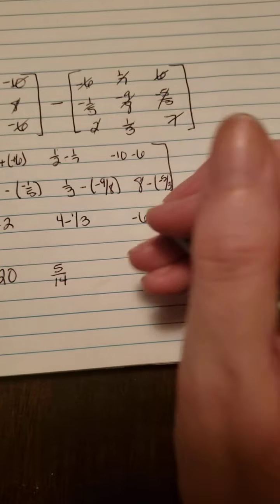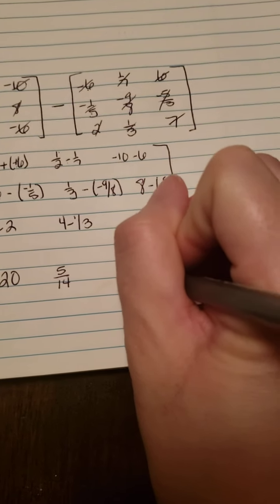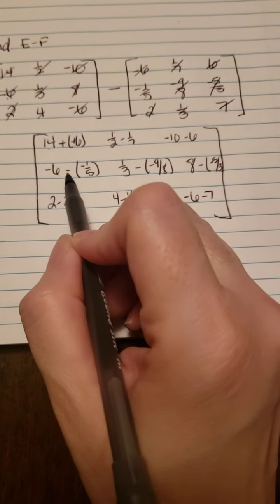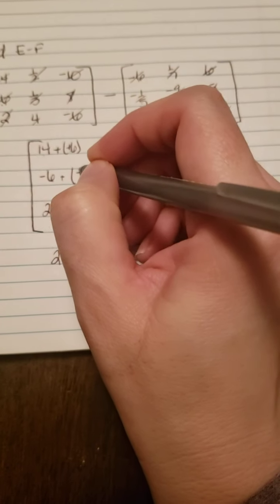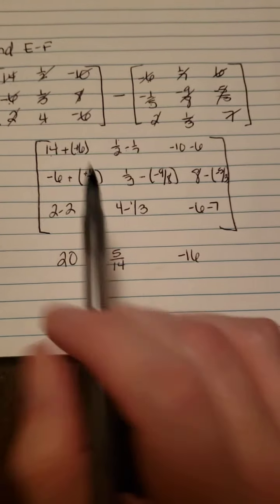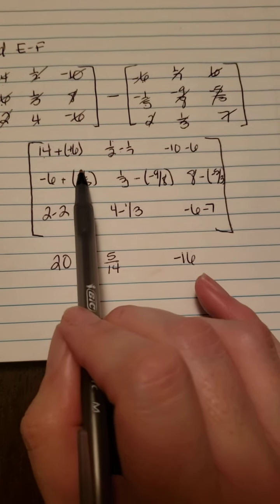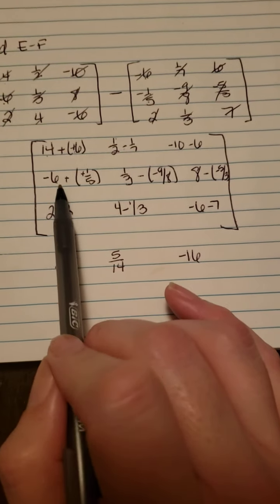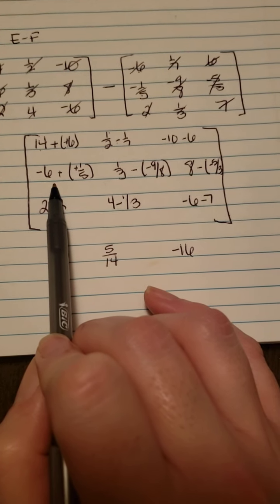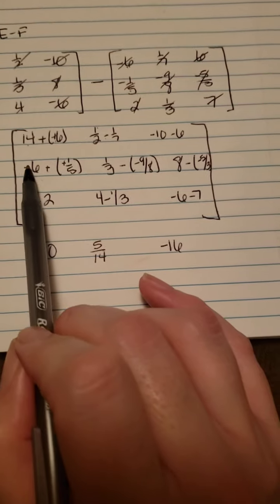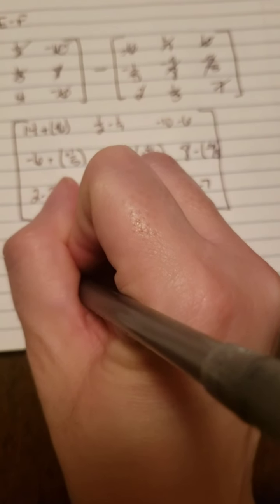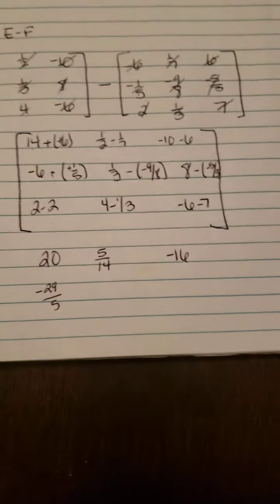Negative 10 minus 6 gives me negative 16. Negative 6 minus negative 1/5. So that's like adding 1/5. Negative 30/5 would be the same as negative 6. So negative 30 plus 1 is negative 29/5.